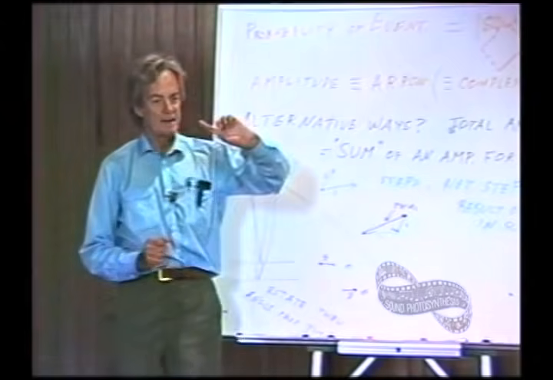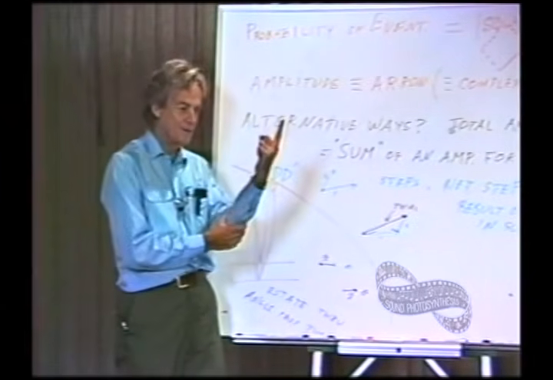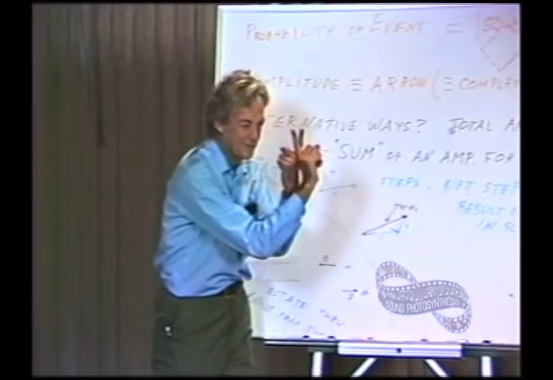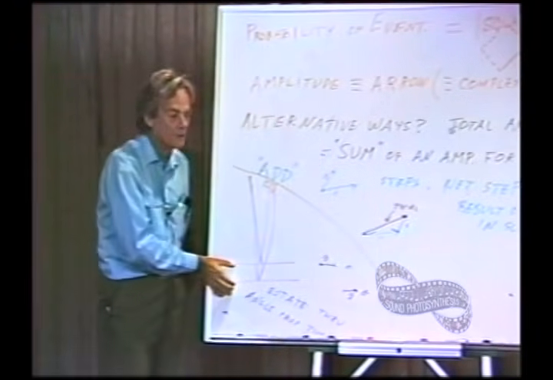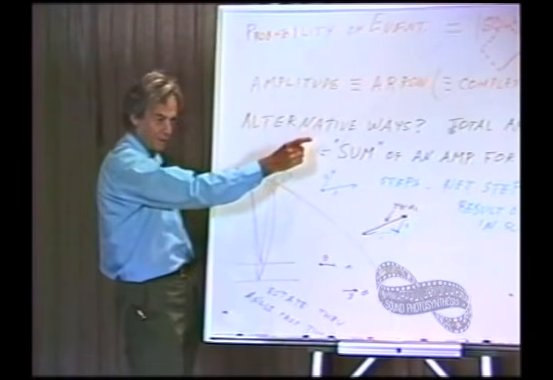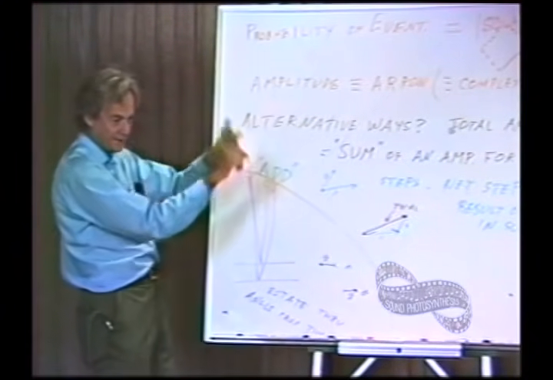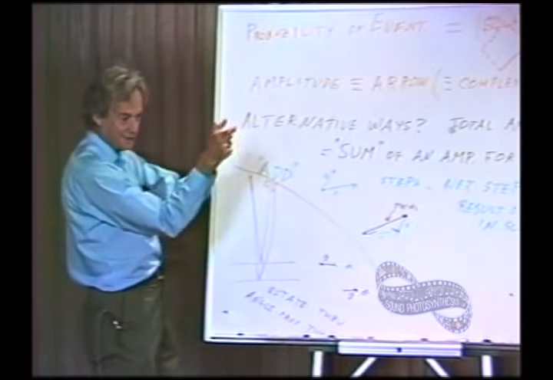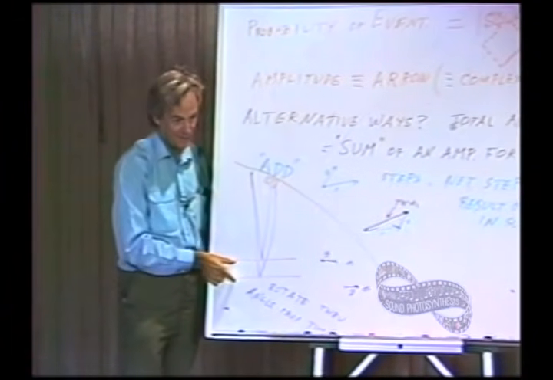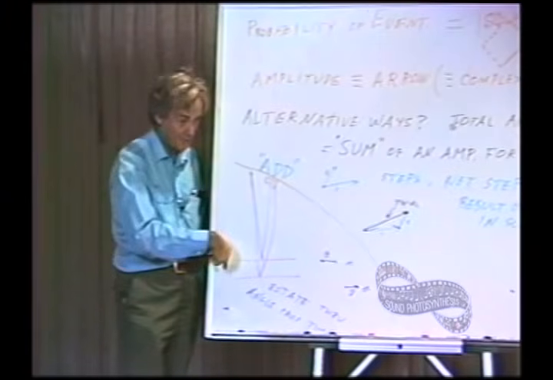So one went around 1.5 billion times and ended up here. The other one 1.75 billion. So it's only a quarter of a turn different. So all I really have to worry about for that experiment to figure out the probabilities, which don't depend upon the absolute position of our triangles, but just the length of the arrows, is just the spacing here that counts, not the spacing from there, in that experiment.